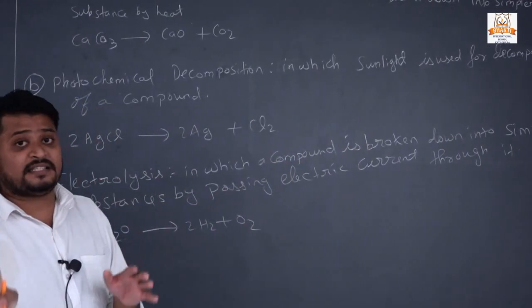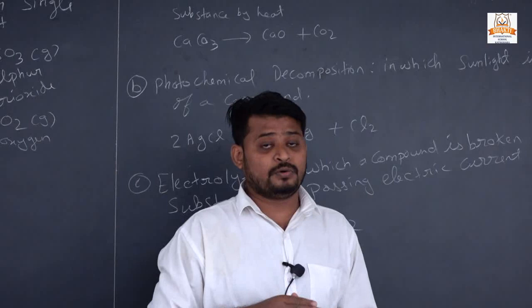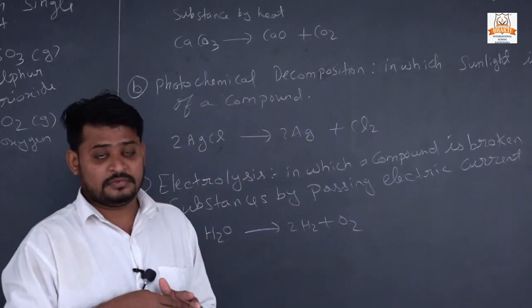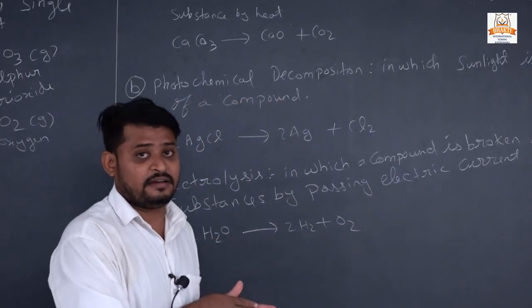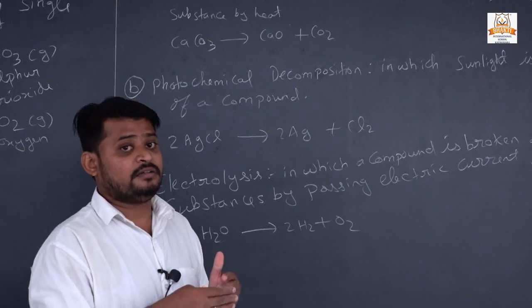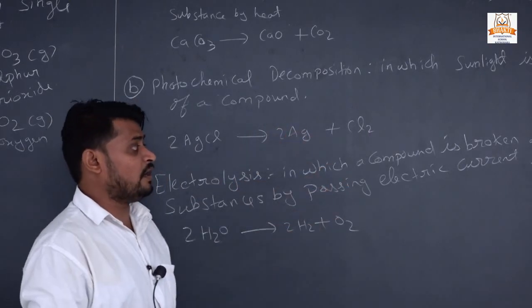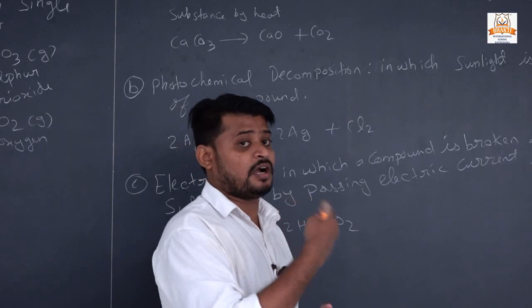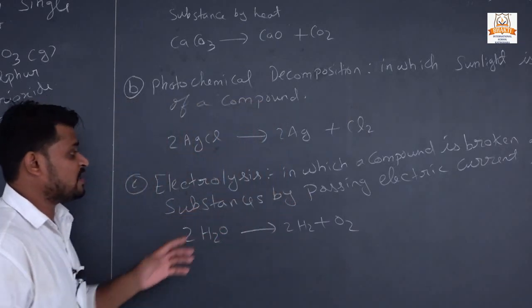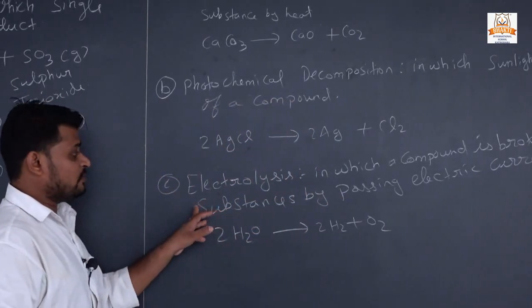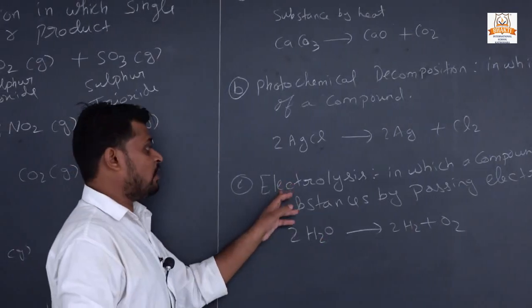If we pass electric current through a compound taken as a reactant, it breaks down into simpler substances. Since we use electric current, it is called electrolysis.